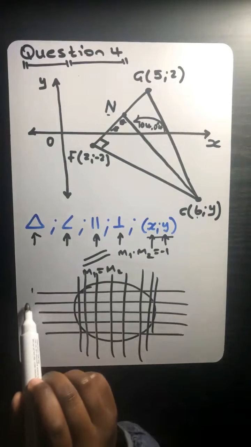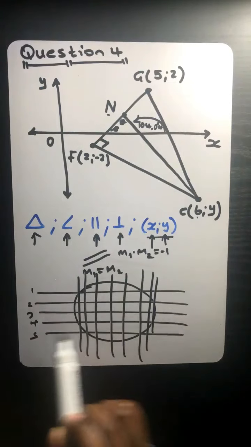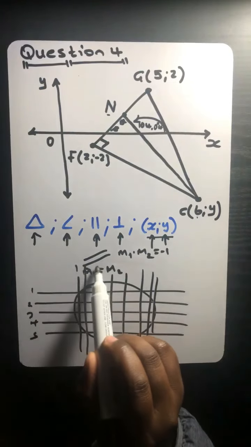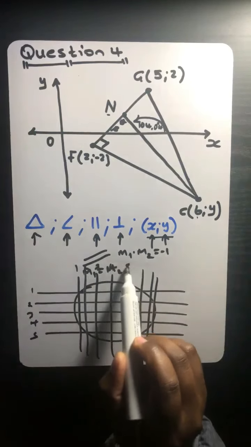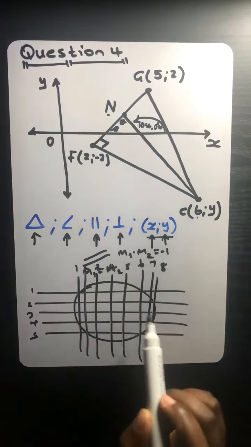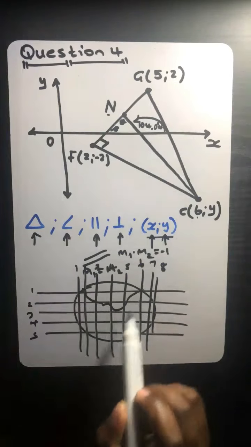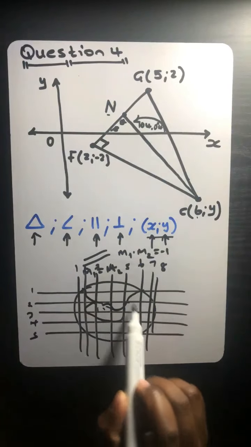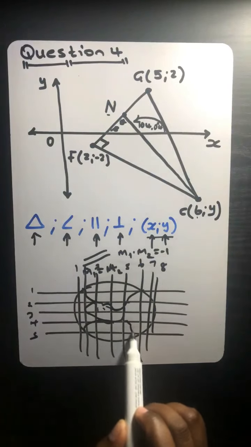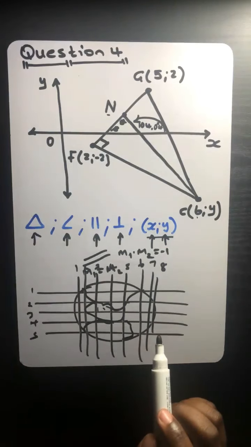So if we have 1, 2, 3, 4, 5, 6, 7, and 8. And let's say this part is Limpopo, this is Gauteng, this is maybe that side of Cape Town or whatever. And someone says, give me your location.